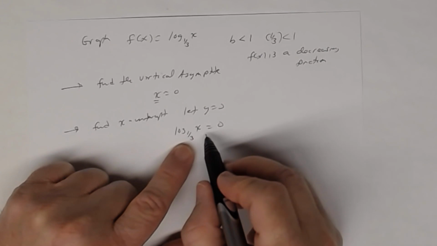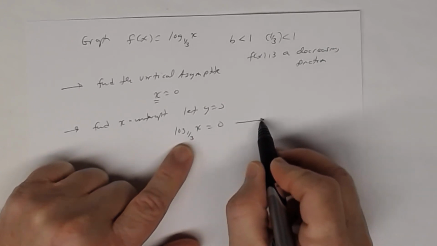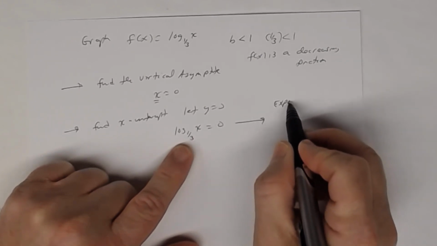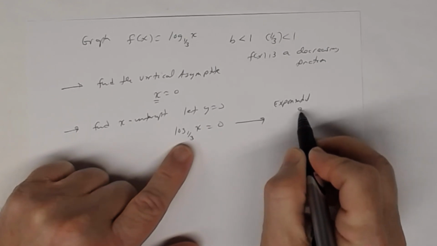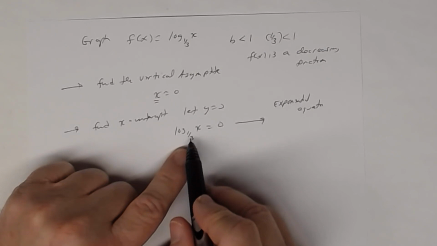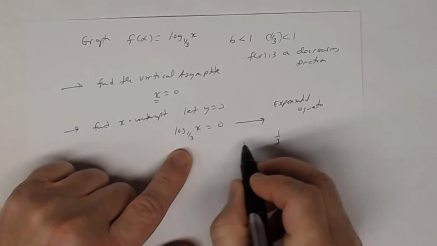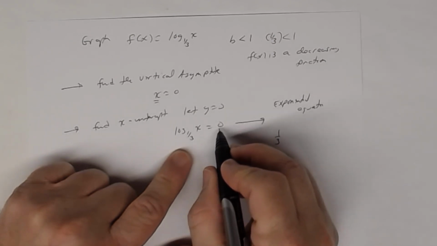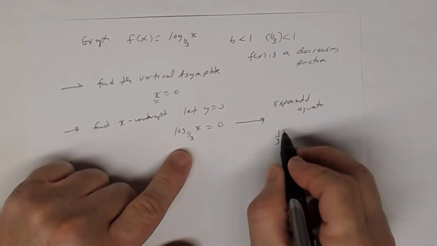And so now what we're going to do is change this to an exponential equation. To change that to an exponential equation, you take the base, which is 1/3, and you raise it to this exponent right here, 0.